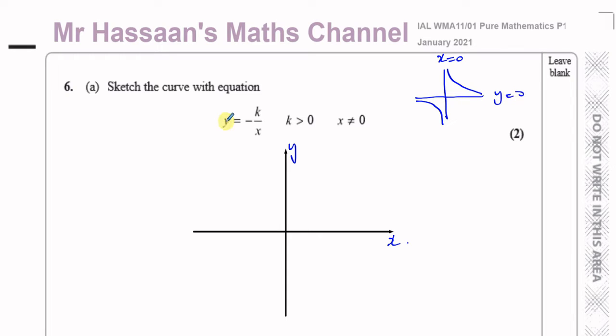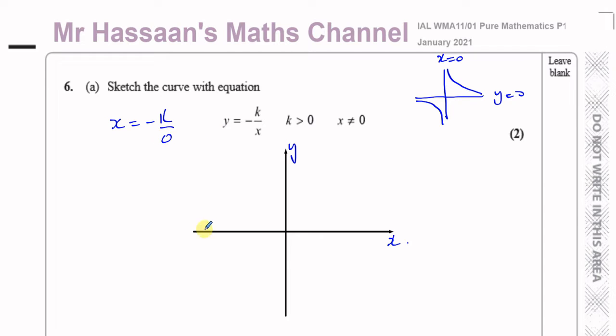Because if you put y equals 0 and try to solve for x, you have to rearrange the equation. You'll have x equals minus k over 0, which is undefined as well.